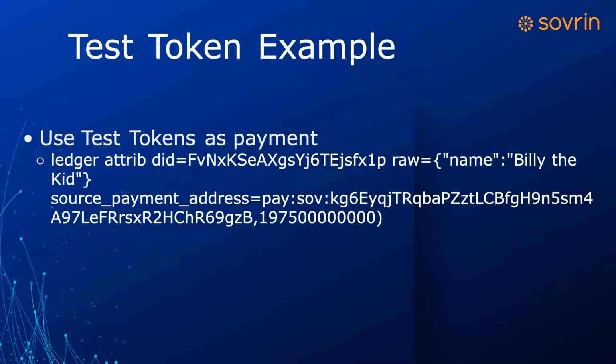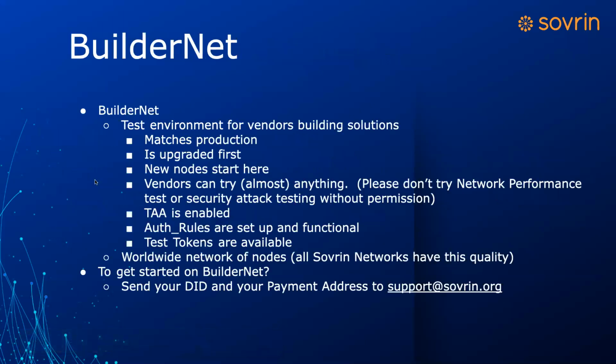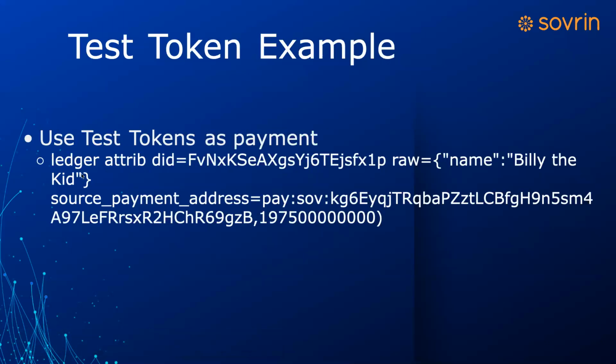So this is just an example to show that from the CLI, this is a CLI command again, all that is needed, up to here is the normal command. Oops, I can't highlight it. Sorry. So up to here is the normal command, and then to pay for it with a test token, you just have to add a source payment address on there.